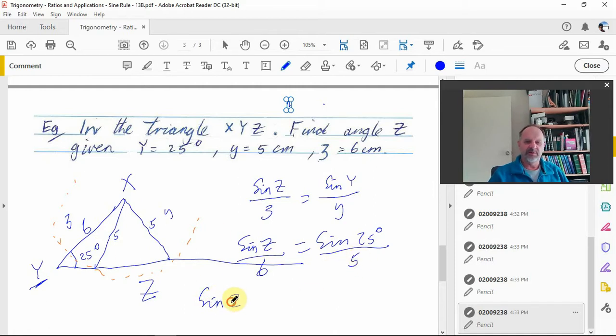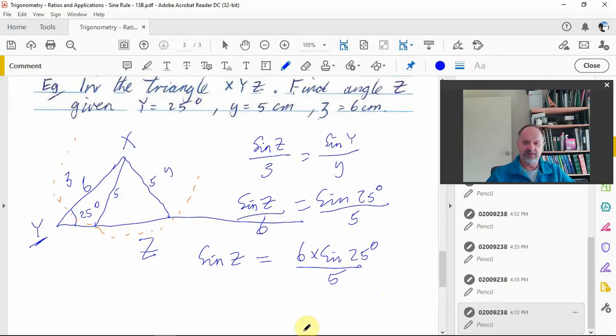times both sides by z, which is 6, times sine 25 over 5. Then get our calculator out, of course, and to find the angle we need inverse sine of all of this stuff.